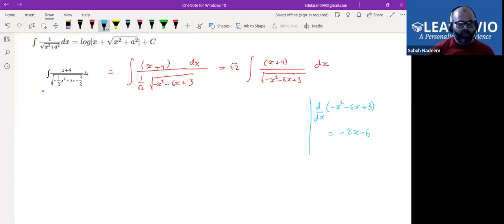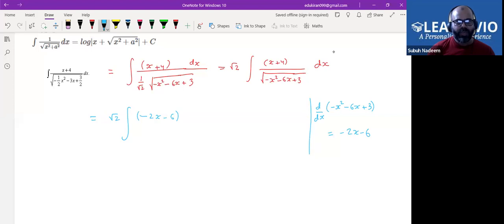So we will try to write this x plus 4 as minus 2x minus 6.